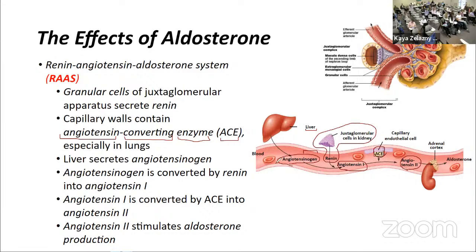Your angiotensinogen coming from your liver combines with your renin, makes angiotensin 1. Angiotensin 1 bumps into the wall of the capillary where we have this angiotensin converting enzyme, becomes angiotensin 2. And that is what signals to your adrenal gland to produce aldosterone.